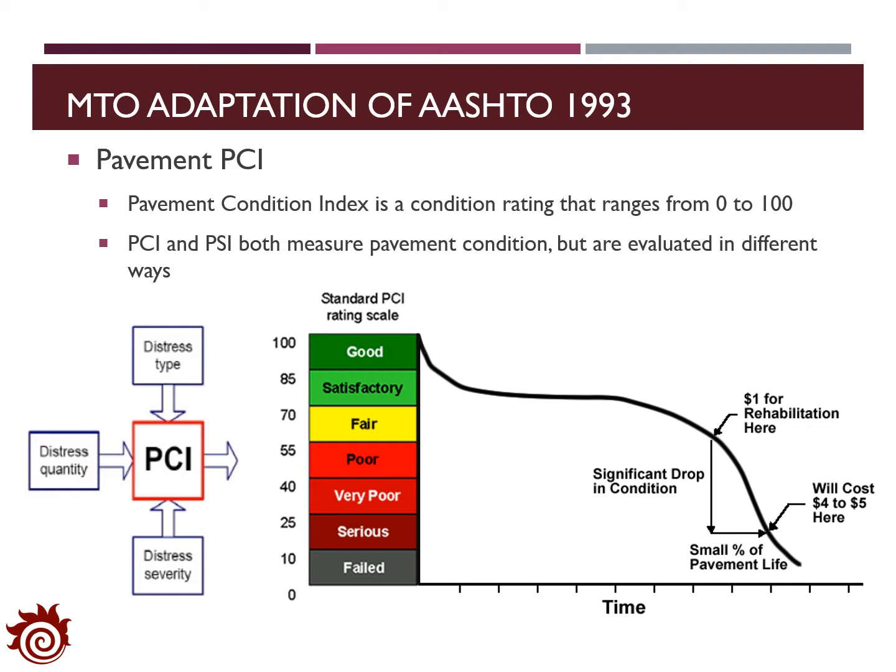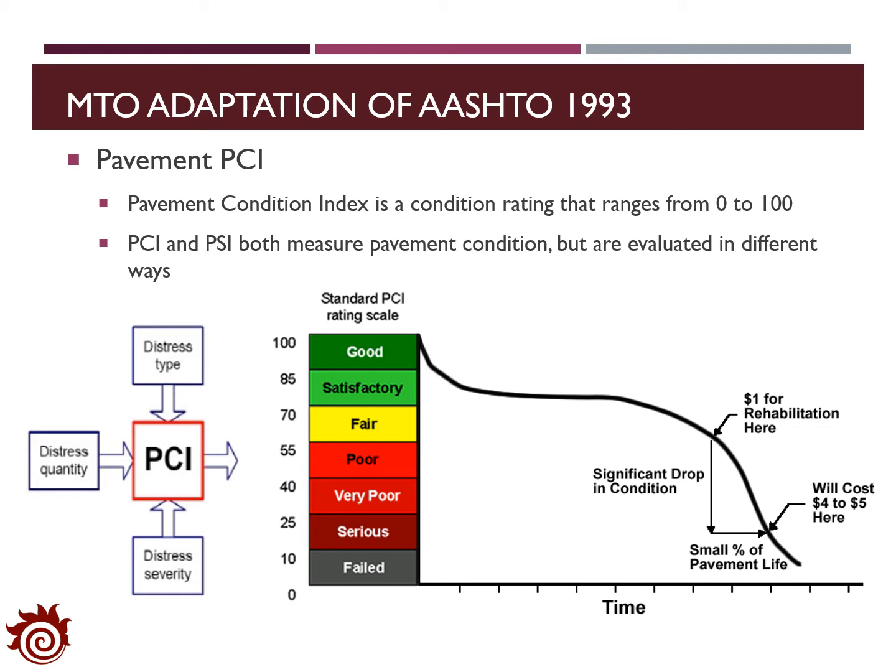The figure on the right shows the changes of PCI over time. Here you can see that when the pavement condition is poor, the PCI will drop dramatically over time. So usually we will conduct the pavement rehabilitation project when the PCI reaches 60, which means it's between the fair and the poor conditions.